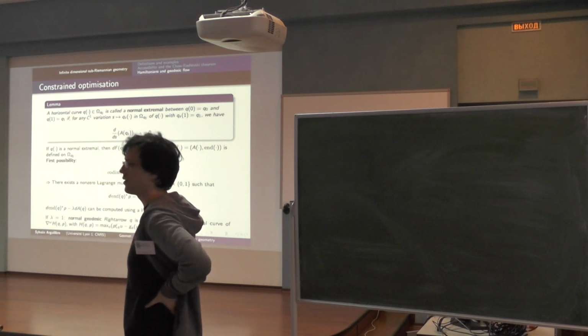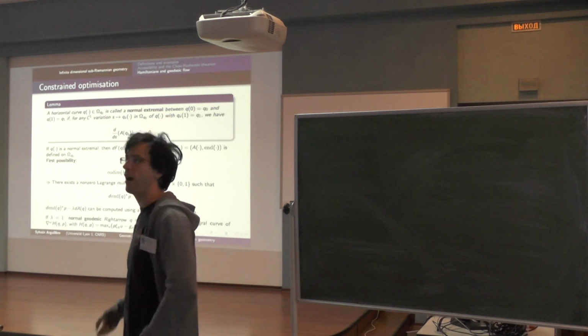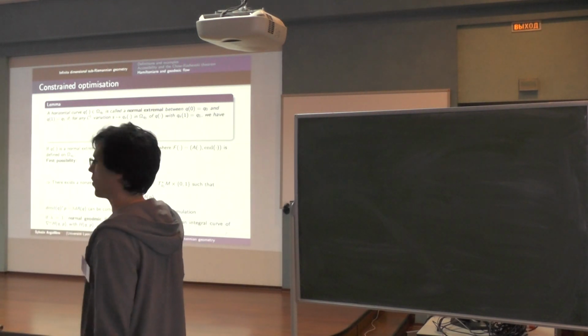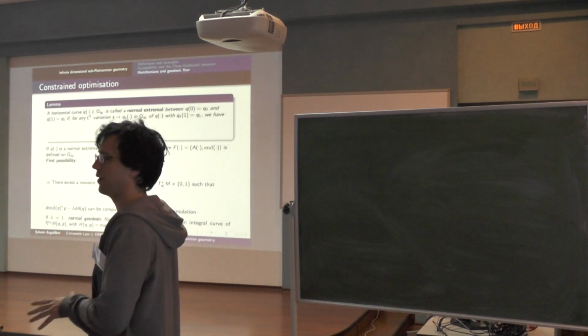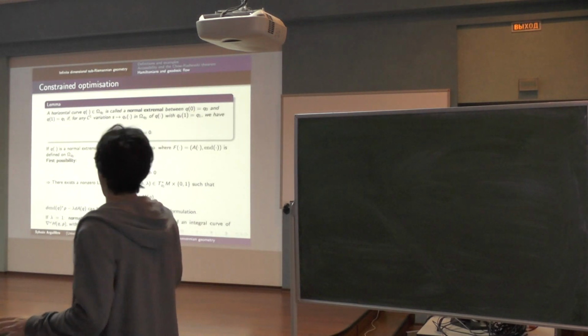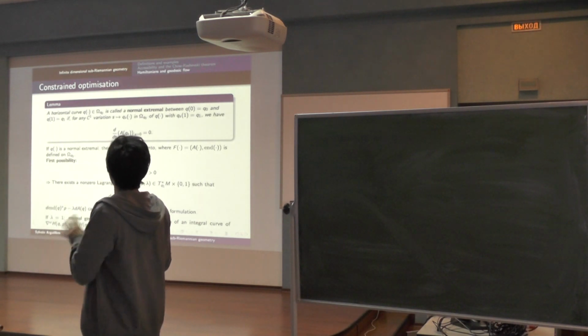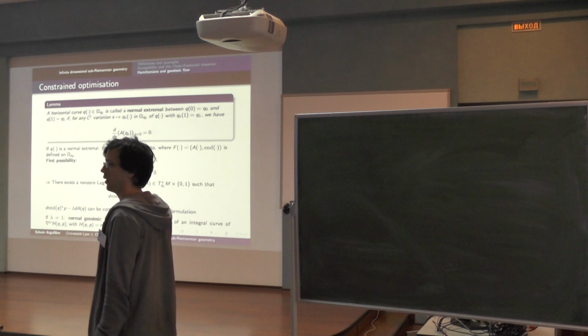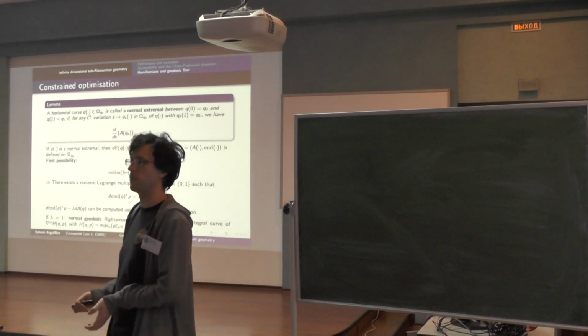Now, once we know that the differential is not surjective, we have two possibilities. The first one is the possibility that happens in finite dimensions, and it's the only possibility in finite dimensions, which is that the image of this differential is included in a closed subspace.